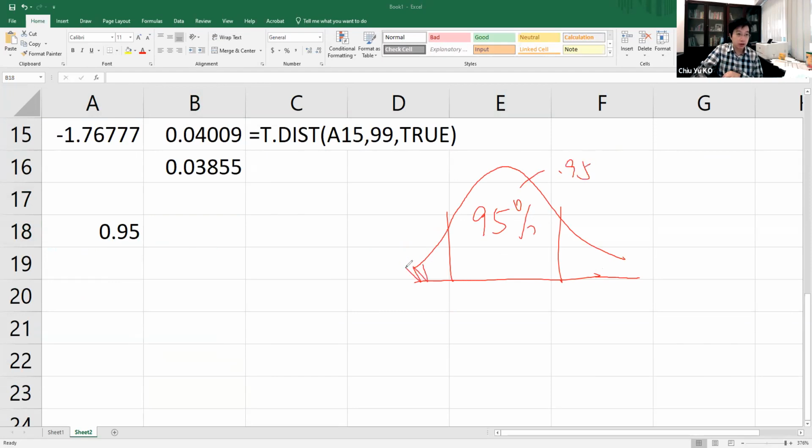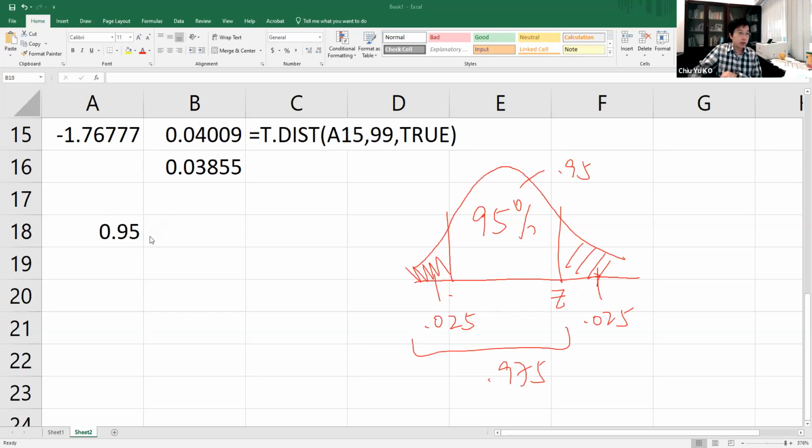So we want the tail to be either 0.025, this is also 0.025, or this is 0.975. So either you can find a negative value or you find a positive value. So you can do the two things here.